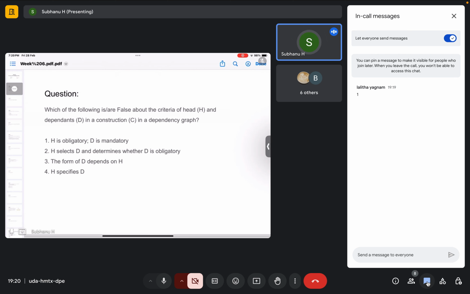To answer this question, you have to know what the head and the dependents are. So we have to think.